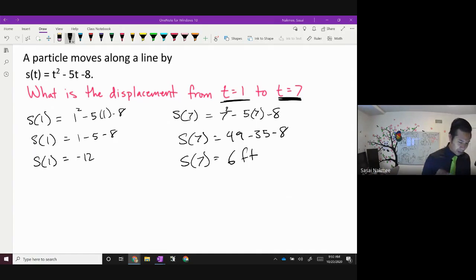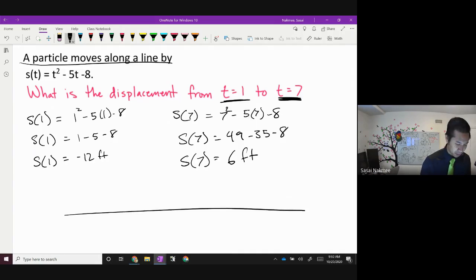So that's the part that gets a little bit difficult for these types of problems. Remember, this particle is moving along a line. So here's my line, and here's 0 just to help me reference it. At t equals 1, this particle is standing at negative 12 feet. So here's negative 12 feet, here's where my particle is.